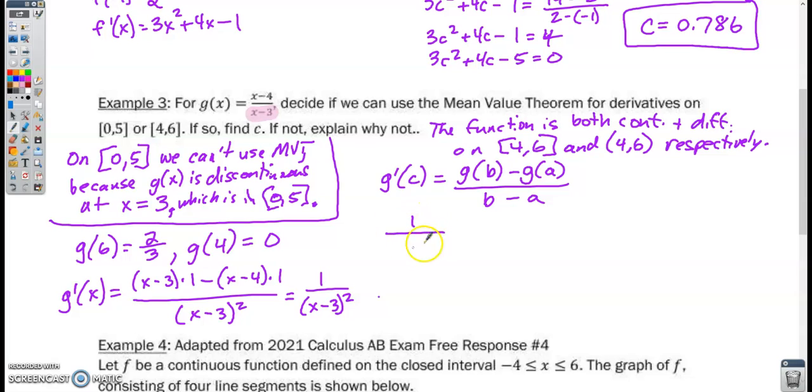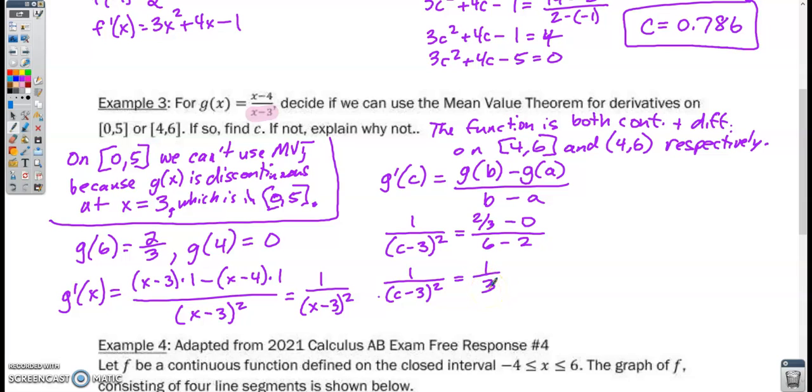That gives us 1 over the quantity c minus 3 quantity squared is equal to g of b is 2/3, g of a is 0, b is 6, a is 4. If we do the arithmetic here, we end up with the expression that 1 over the quantity c minus 3 quantity squared is equal to 1/3.